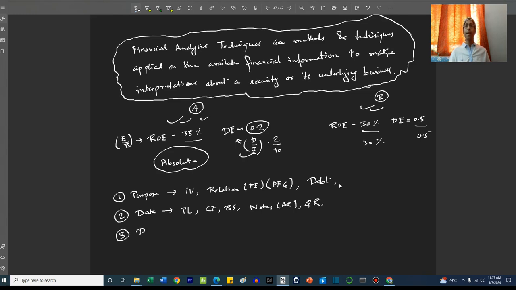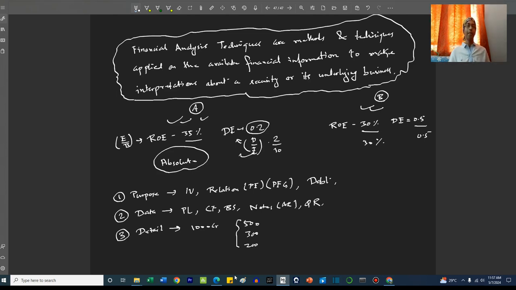Third is the level of detailing that is required. So for example, we can say the revenue of a company is 1000 crores. That is one level of detail, right? And we can also say that the company operates in 3 segments, and the segment revenues are 500, 300 and 200. This is another level of detail.